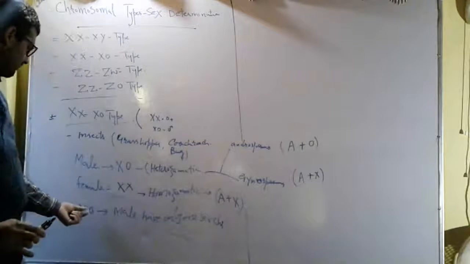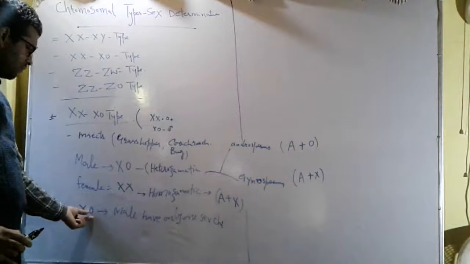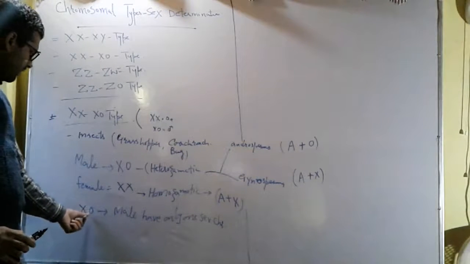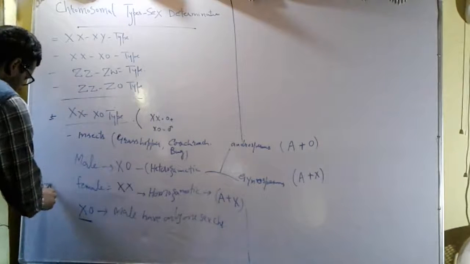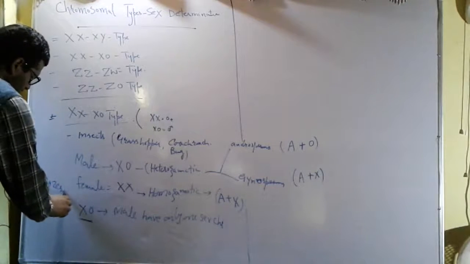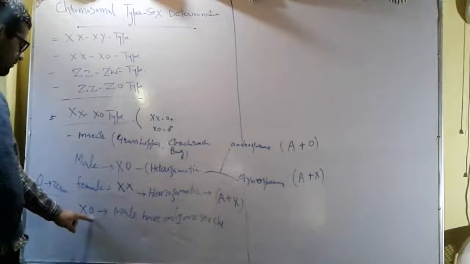Therefore the male is designated as X0. This sign represents 0, that means absence of the other sex chromosome.